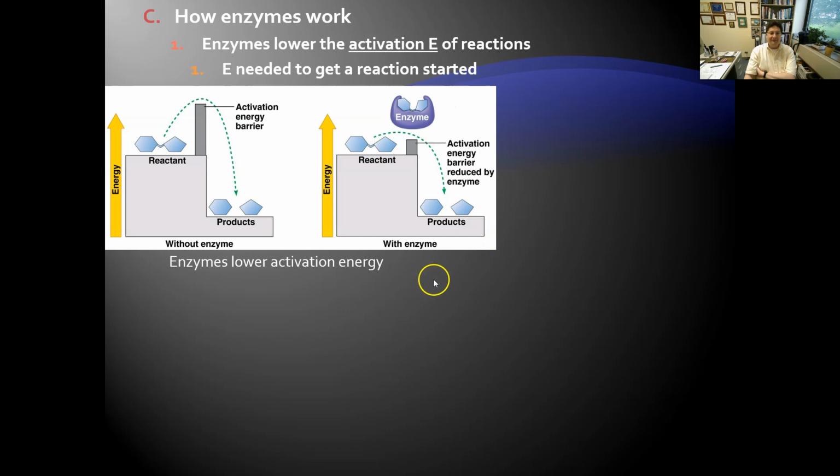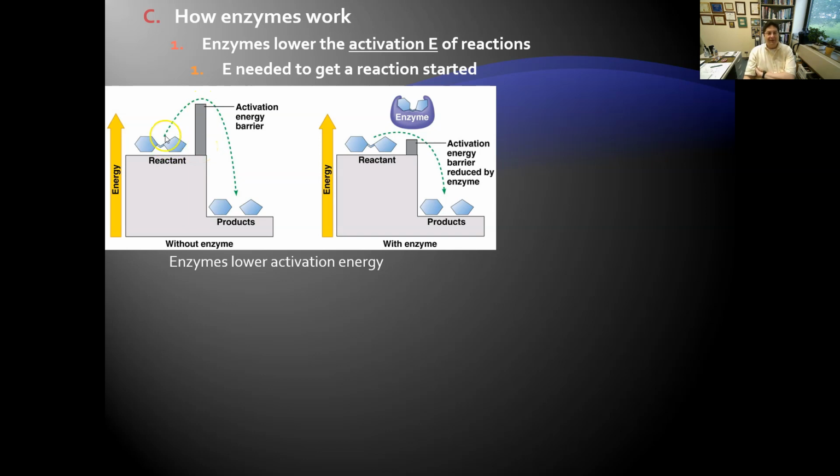So if we look at this diagram here, here's my starting material, my reactants. I want to split this apart, and here are my products. Now, to break that chemical bond there, it requires all this energy. This wall here in gray represents activation energy.